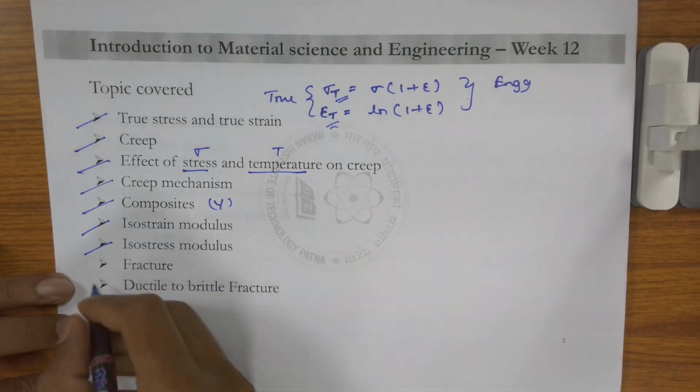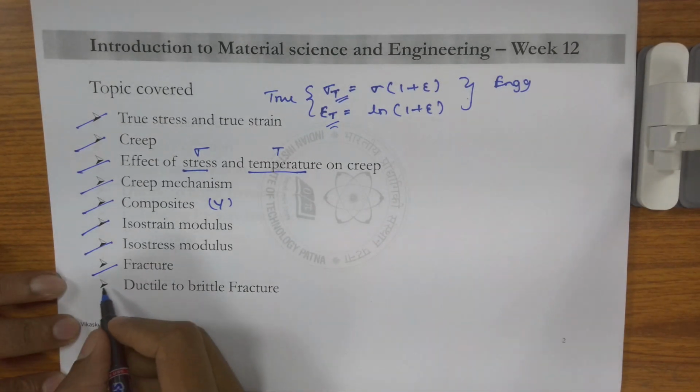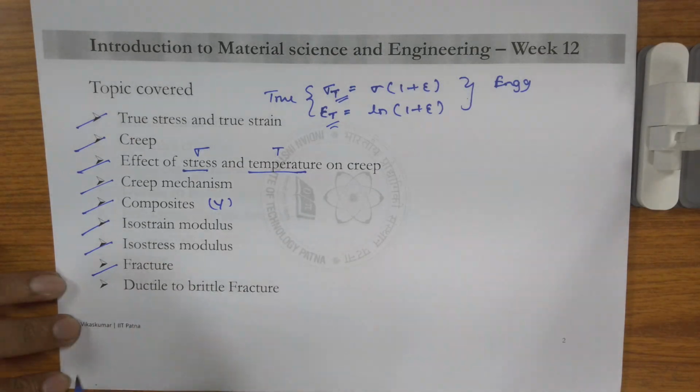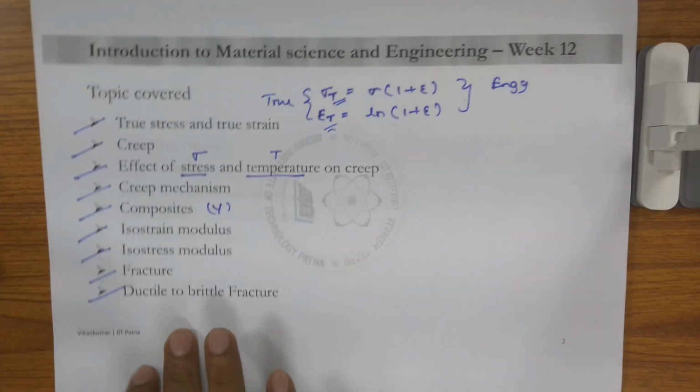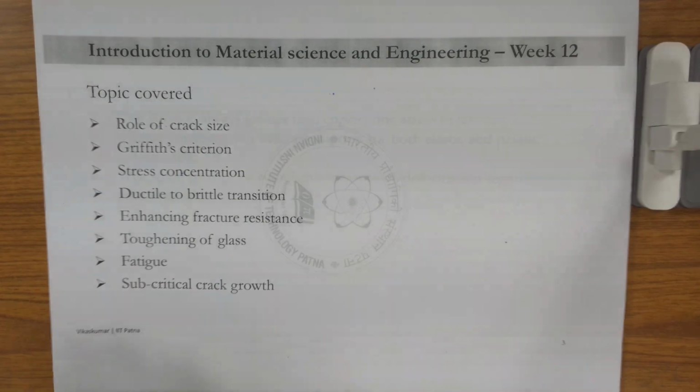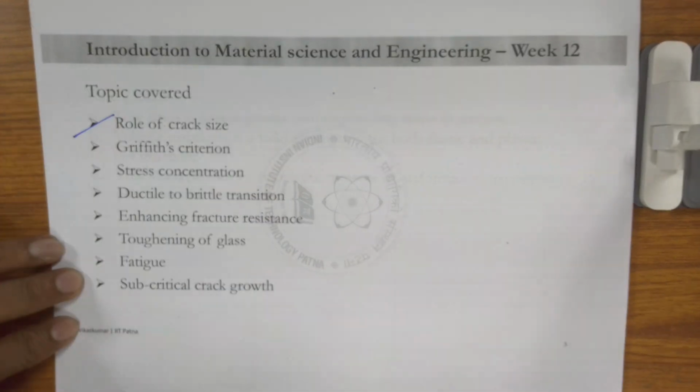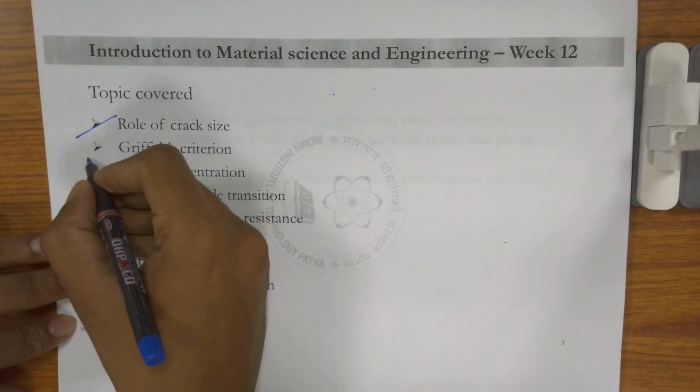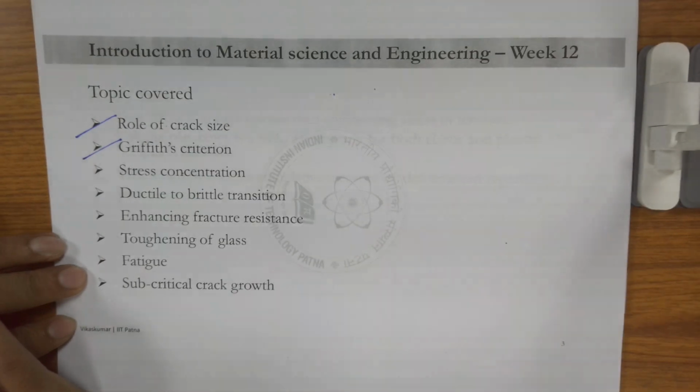Later we moved to fracture of materials, where we discussed ductile to brittle fracture. Then we discussed the role of the crack in the specimen, and the Griffith criteria for brittle materials.